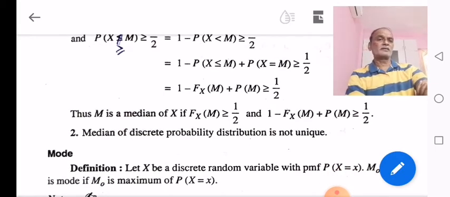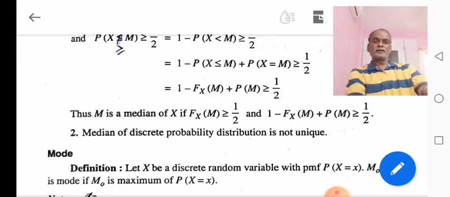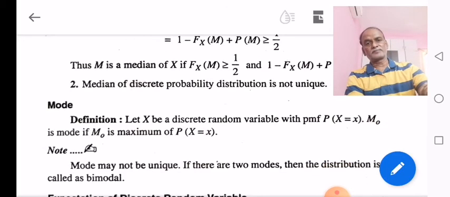The median of a discrete probability distribution is not unique. For a given probability distribution, there may be more than one median.